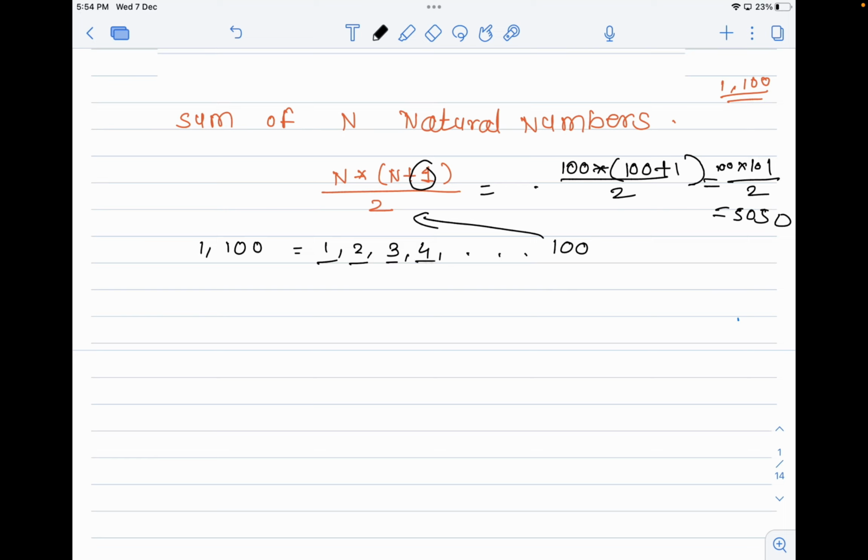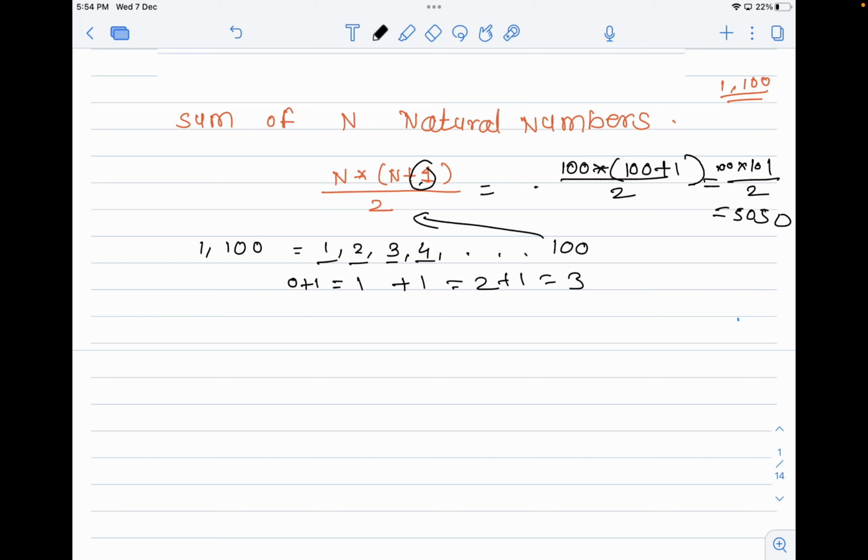A natural number is generated from the previous number plus 1: 0 plus 1 is 1, 1 plus 1 is 2, plus 1 is 3. So for that, this formula is okay.